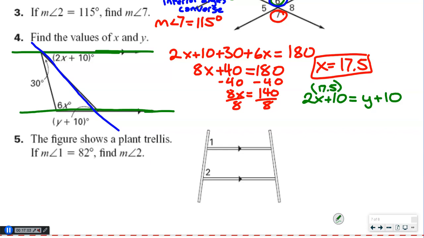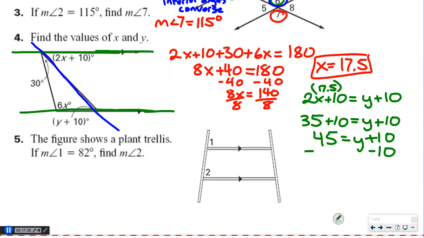So 2 times 17.5 will give us 35 plus 10 equals y plus 10. 45 equals y plus 10. Subtract 10 to get y by itself. And y will equal 35. So x equals 17.5 and y equals 35.